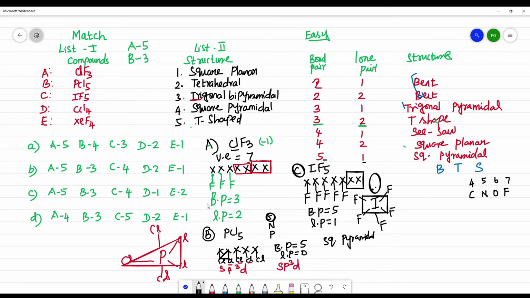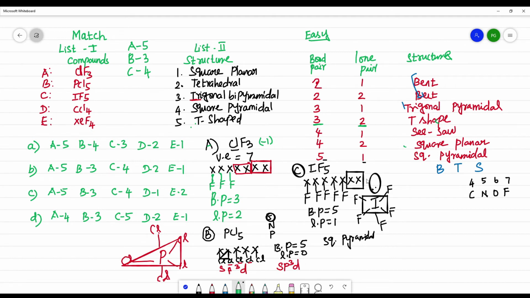This is square pyramidal. That means C, IF5, is square pyramidal, which matches with 4. If you don't have any lone pair, you have to go according to the hybridization.